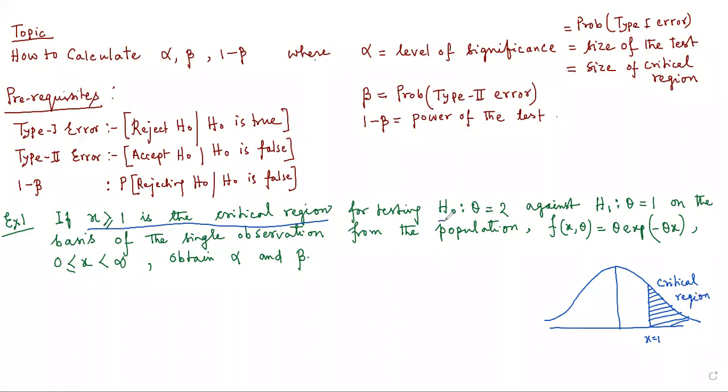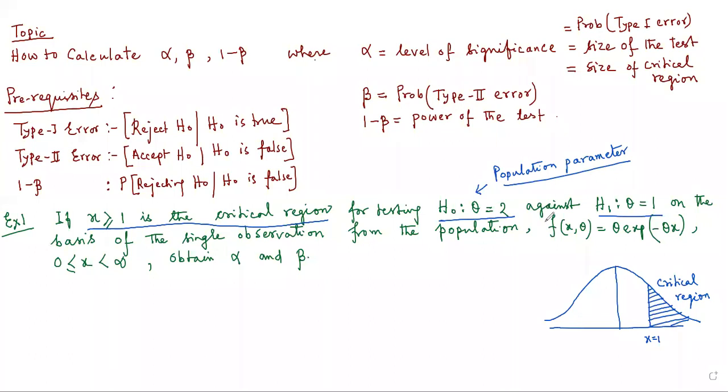Two hypotheses are given: the null hypothesis against its corresponding alternative hypothesis, and this theta is some population parameter. We do not know what the meaning of theta is here. At least we can say that it is one of the population parameters.